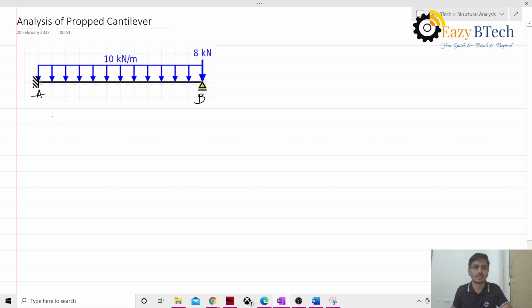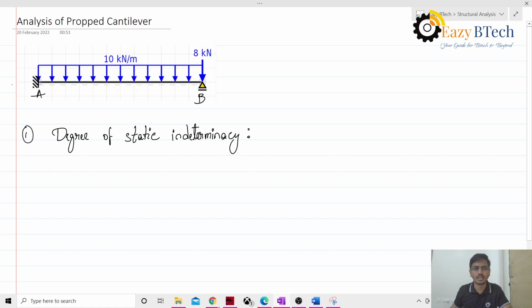The first step in the analysis of any propped cantilever is to find out its degree of static indeterminacy. So how many reactions do I have at support A?